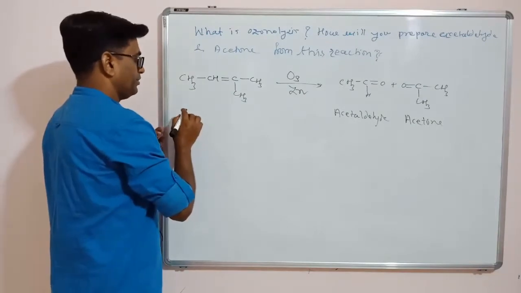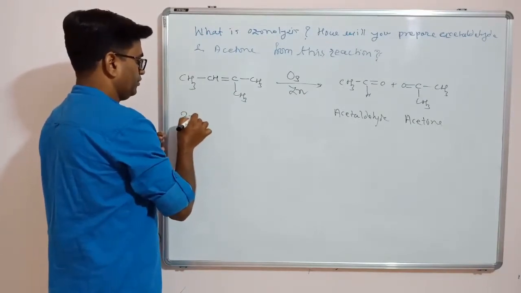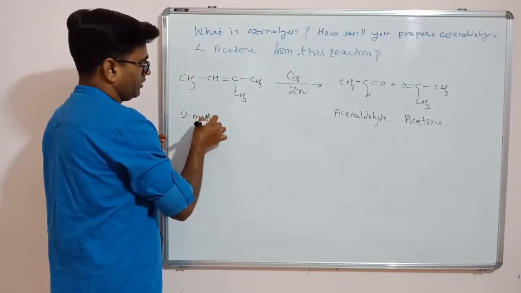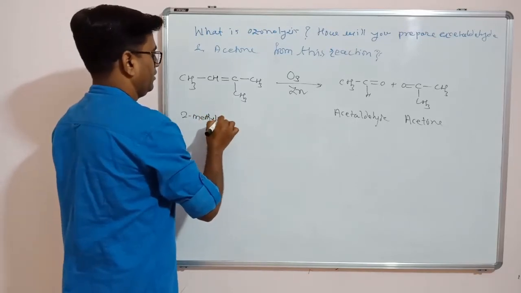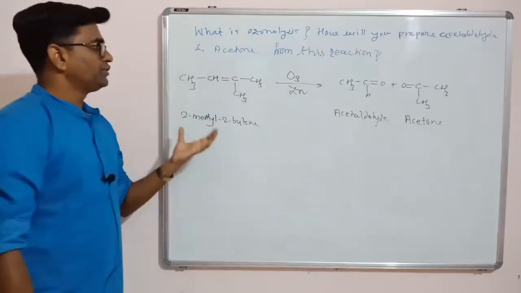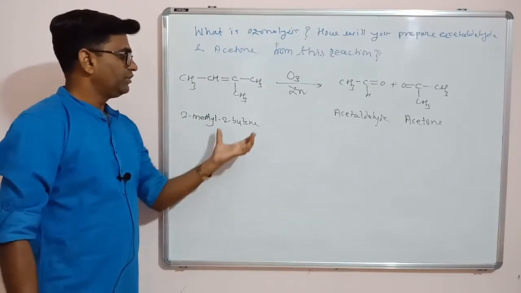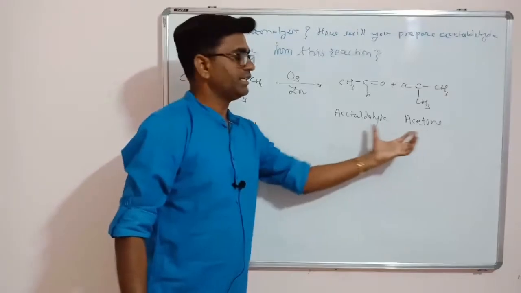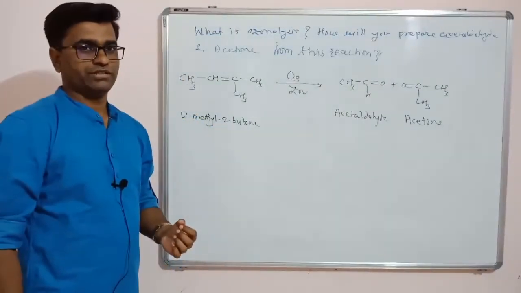The name of this starting material is 2-methyl-2-butene. So the ozonolysis reaction on 2-methyl-2-butene gives acetaldehyde and acetone as products.